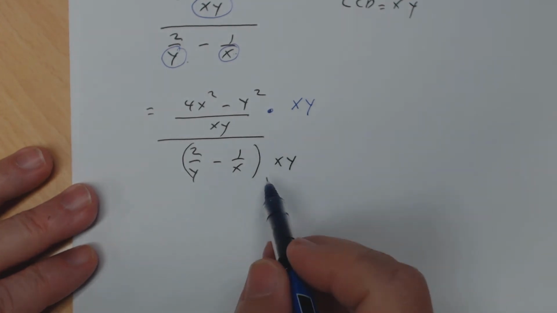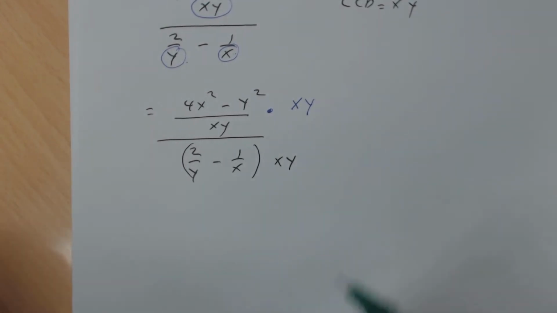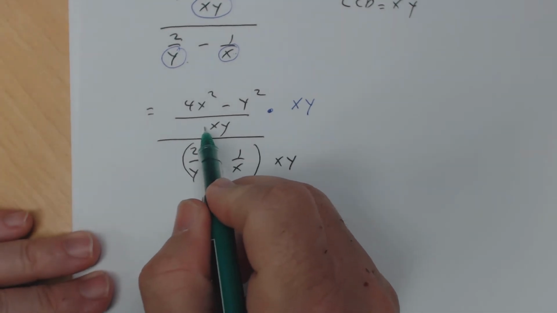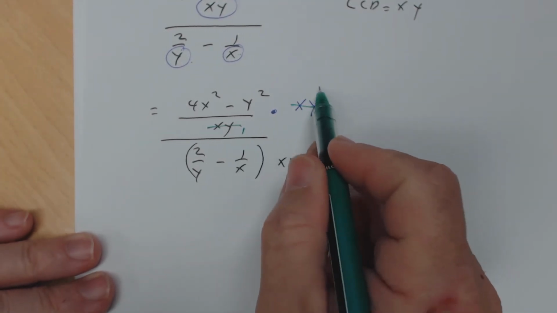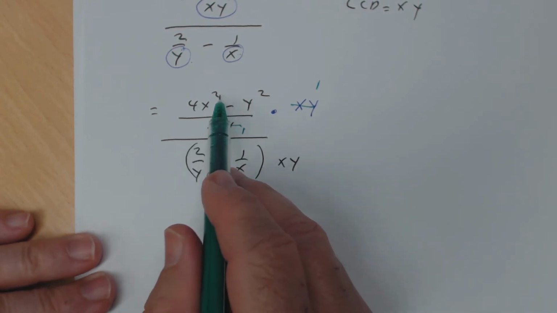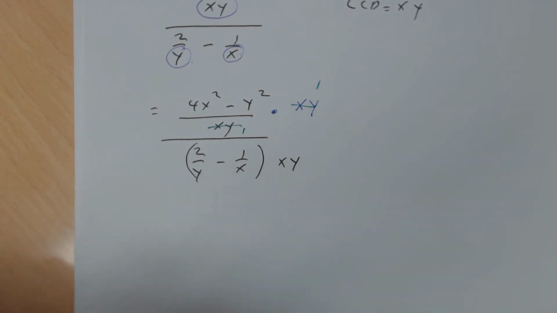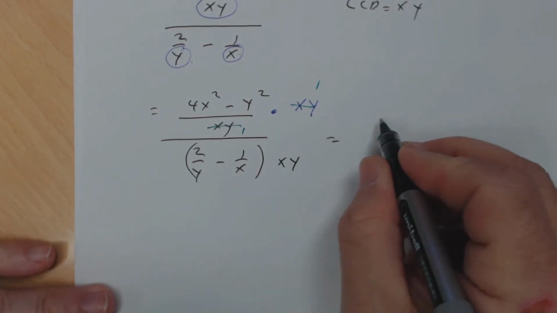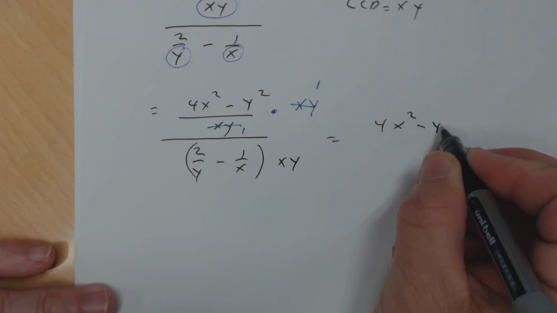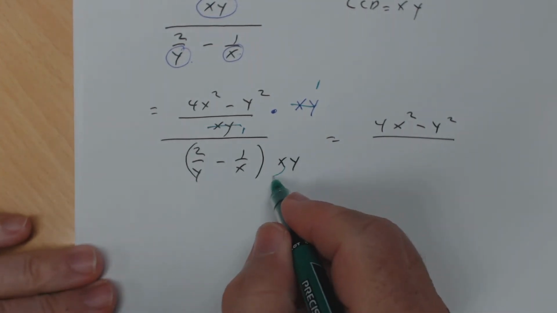Alright, and then now you're going down right here. Let's look at this one here. So the numerator, this xy divides with this xy. And all you have left in the numerator is 4x squared minus y squared over 1 times 1, which is just 4x squared minus y squared. Okay, now in the denominator, I'm going to distribute the xy.